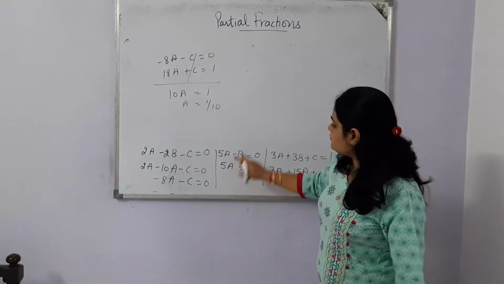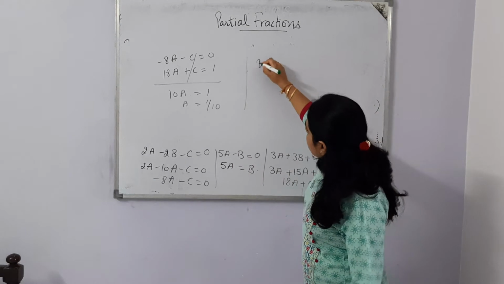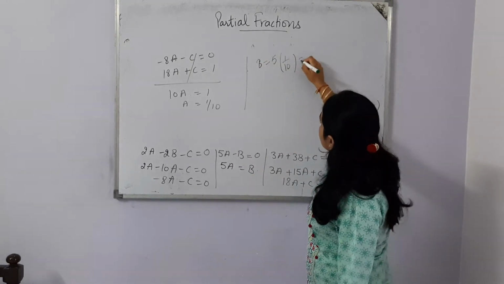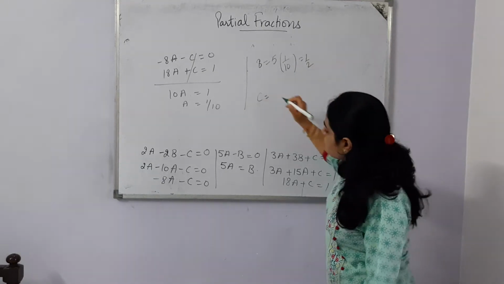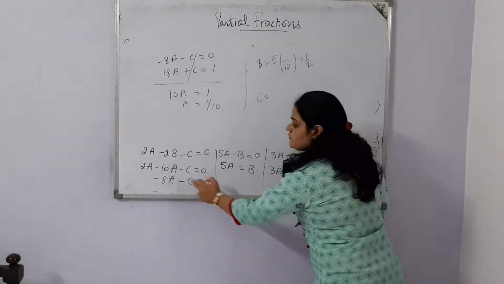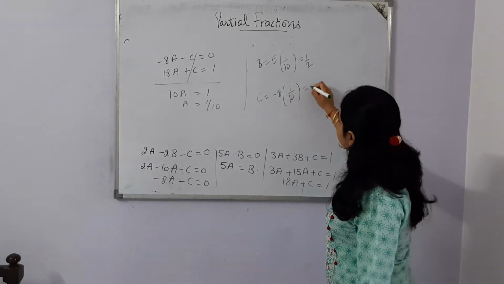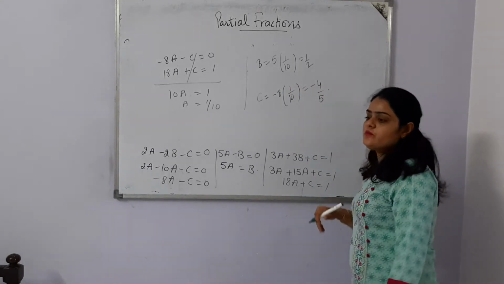If a is equal to 1 by 10, we can substitute the value here and find the value of b, which is 1 by 2, and we can find the value of c. C is equal to minus 8a, which is minus 4 by 5.